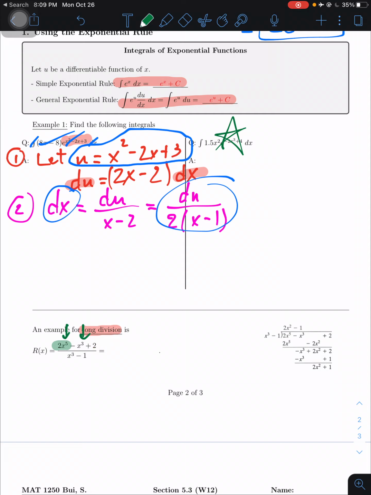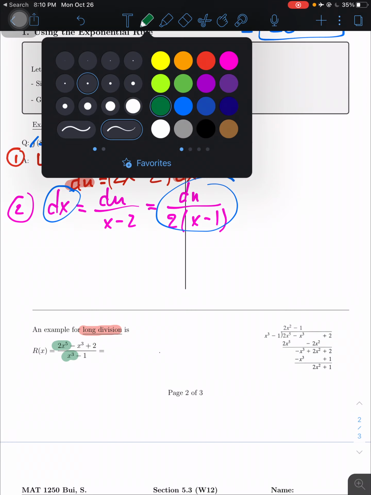Between the 3 and the 5, obviously the 5 is bigger, so the leading term is 2x^5. With the same logic, the leading term on the bottom is x^3. So if the power of the top is greater than the power of the bottom, then you perform long division.